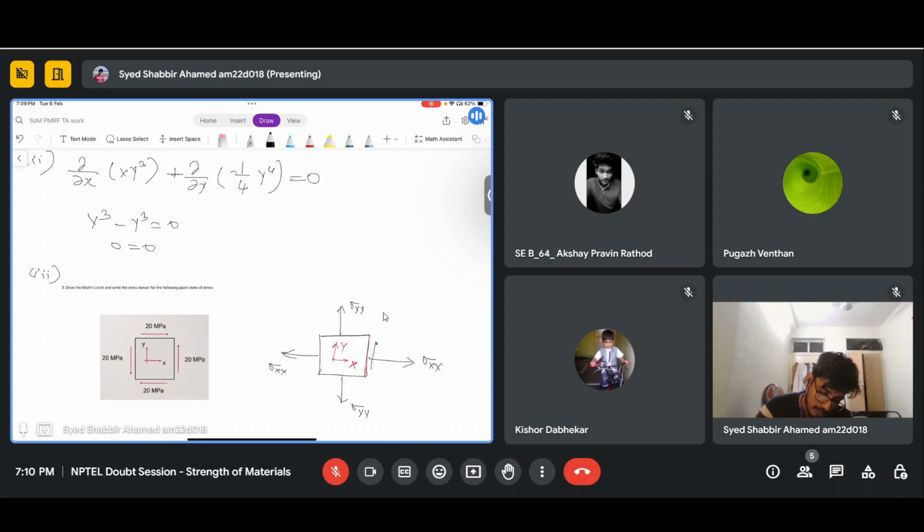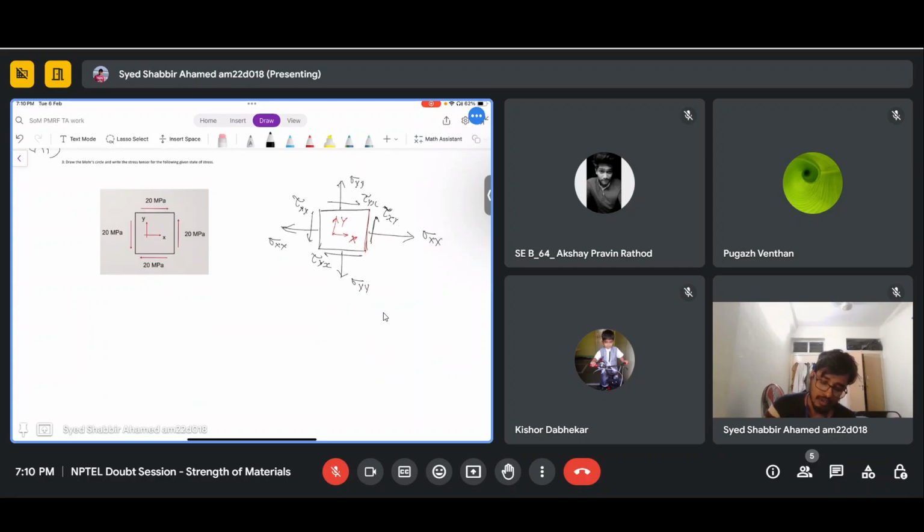This shear stress acts on the x plane in the y direction. So this is tau xy and this is tau yx, and this is also tau xy and tau yx.